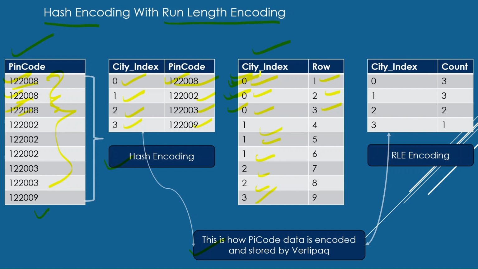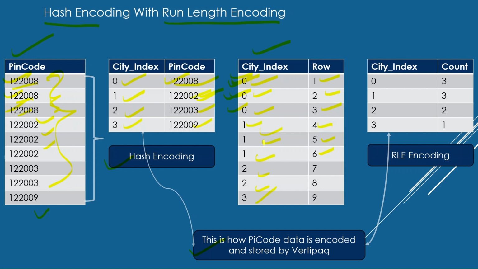This index 1 is given to this pin code, where it is present in the main table, here, here and here. That's why rows 4, 5, 6 are present, and this pin code is identified with the index value 1. And what is the value of 1? It is this one. So in this way the data is getting stored.